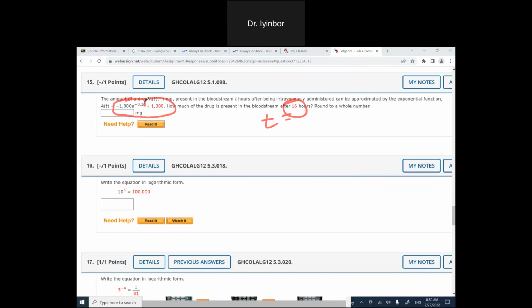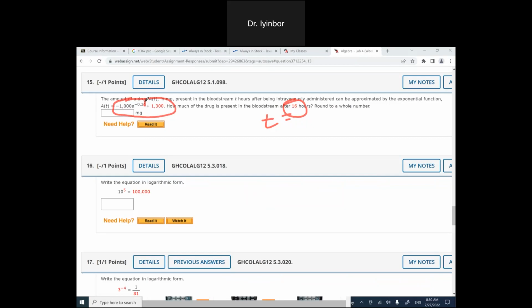So we have negative 1000. And then you're going to press E again, negative 0.3 times 16. And then you're going to get down of the exponent, and you're going to press plus 1300.